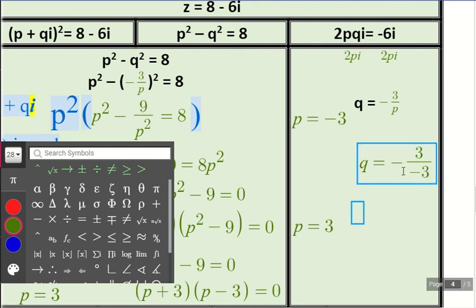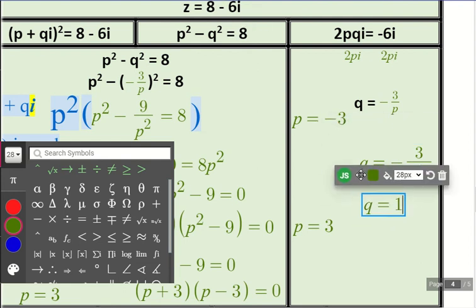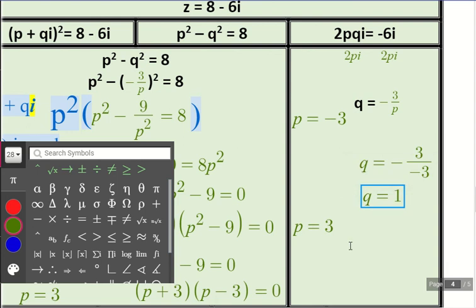Now, a negative over a negative is a positive. 3 over 3 is 1. So q equals 1. And that's the q that goes with negative 3.